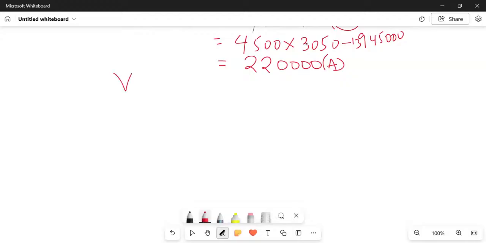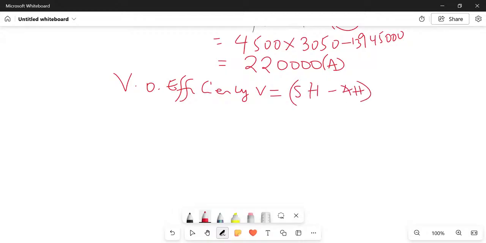So remember, it is variable overhead efficiency variance, which will be SHA. And then outside here, we have the standard variable overheads per hour, because it's variable overhead efficiency. The question is, do we have the standard hours for actual production? Yes, we do.